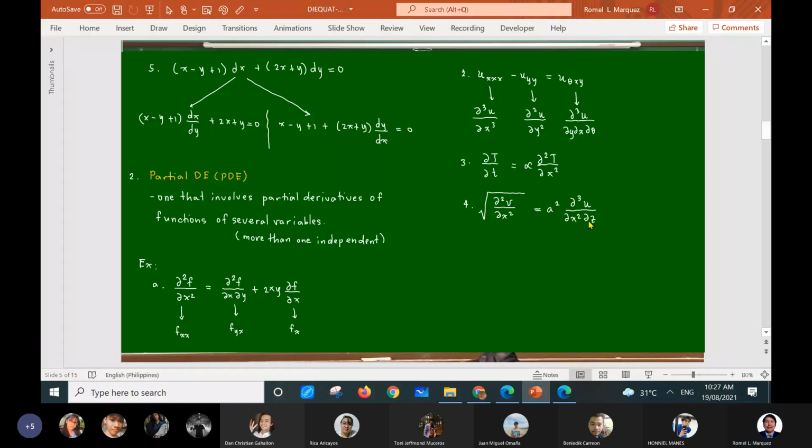Okay? Plus partial derivative of v with respect to z. Okay, guys? Another partial derivative. And this is a partial derivative also. Therefore, this is a partial differential equation. Any question with this, guys?